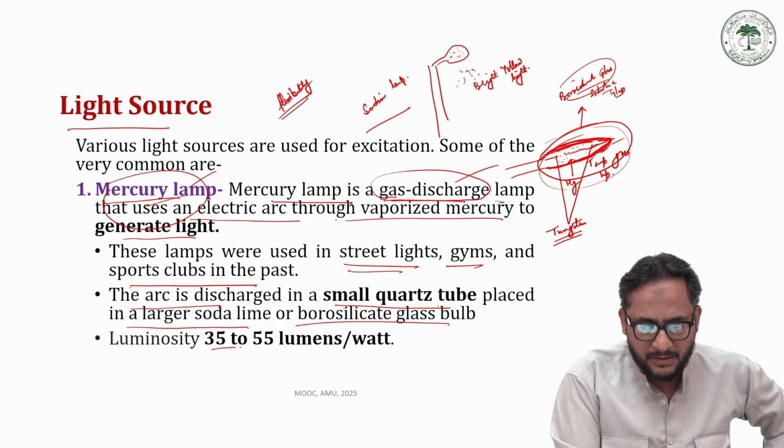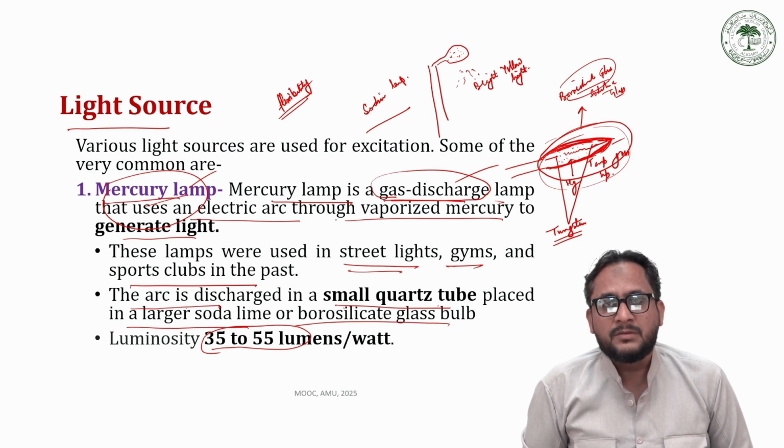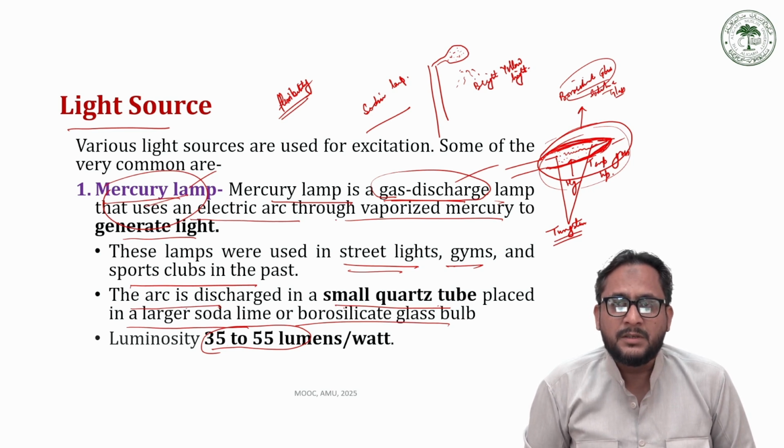However, the intensity of these mercury lamps is quite low, just ranging from 35 to 55 lumens per watt.